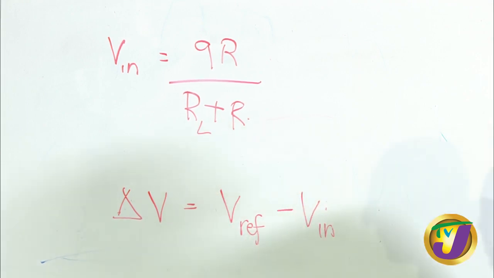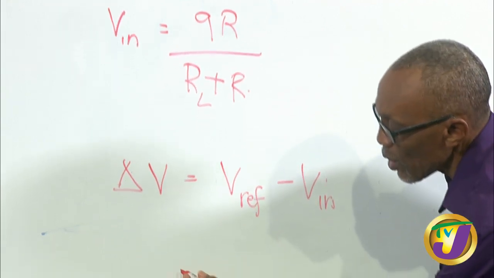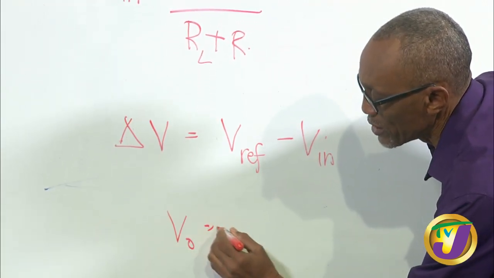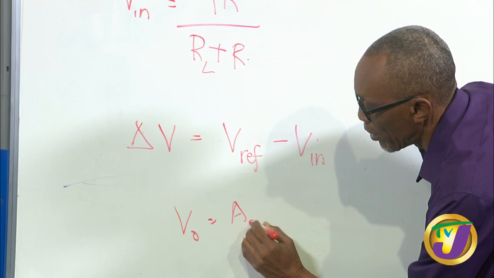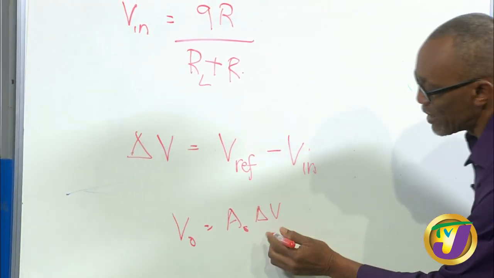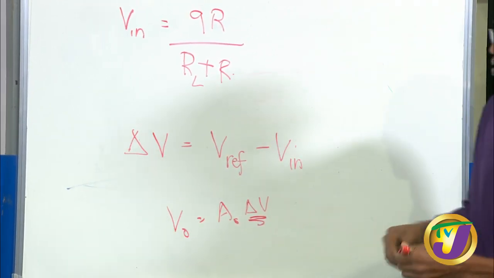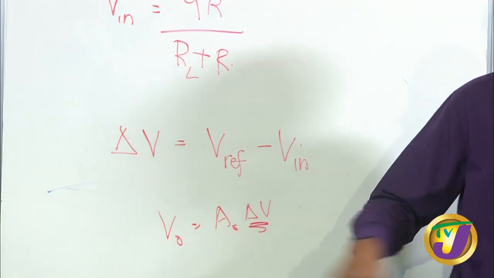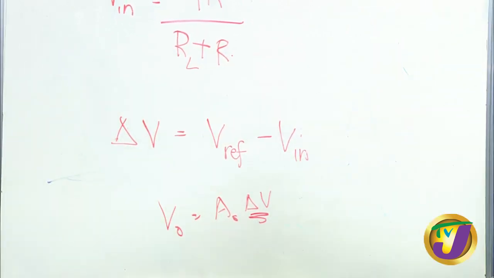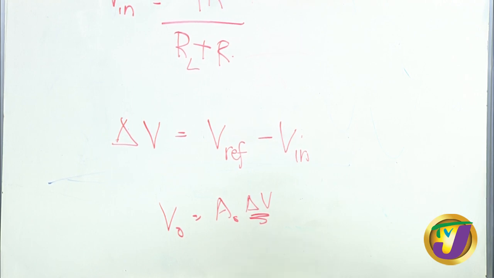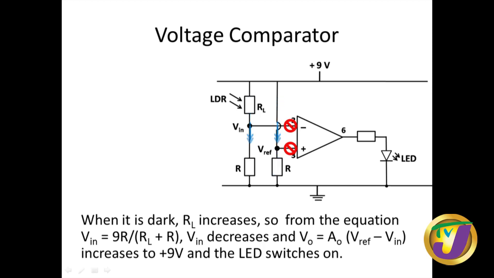And when this difference becomes greater, because we know that V out is equal to A naught delta V, then this V out becomes large enough now to drive the LED. So that's how the voltage comparator works.